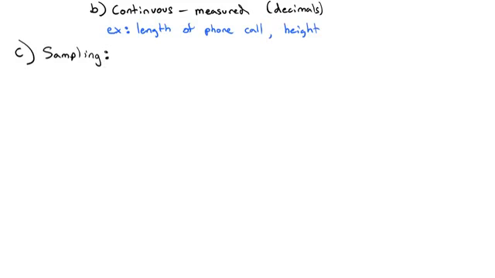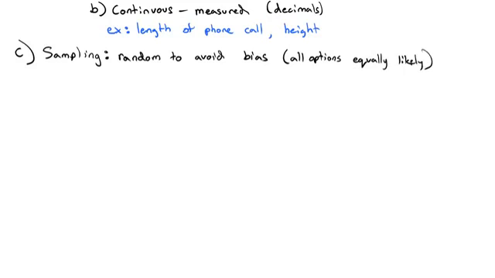In order for it to be representative of the entire population, we need the data to be random to avoid any bias. In other words, we want all options to be equally likely to be included in our sample.